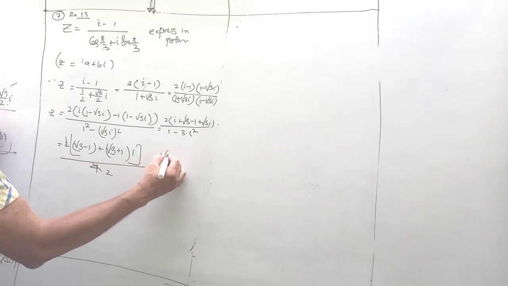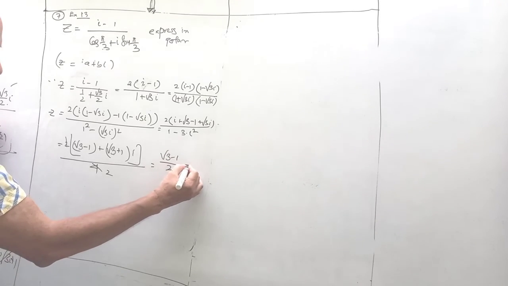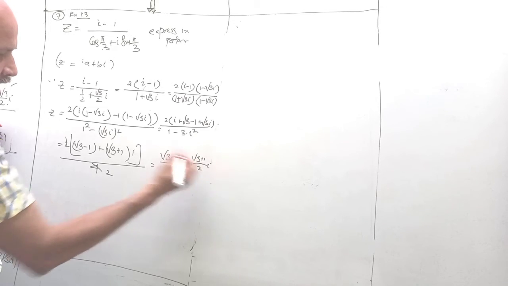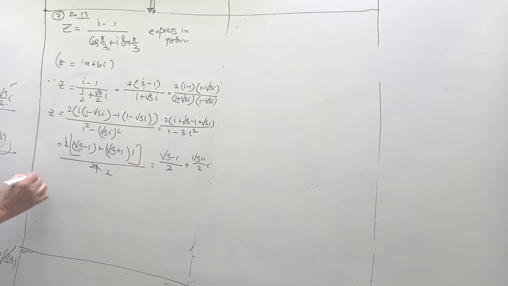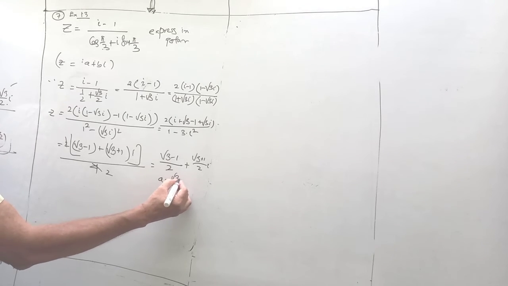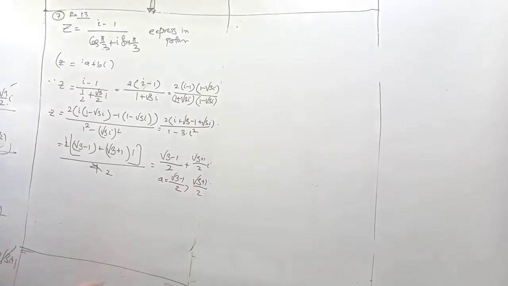So we have root 3 minus 1 by 2 plus root 3 plus 1 by 2 i. Now here a equal to root 3 minus 1 by 2 and b equal to root 3 plus 1 by 2.